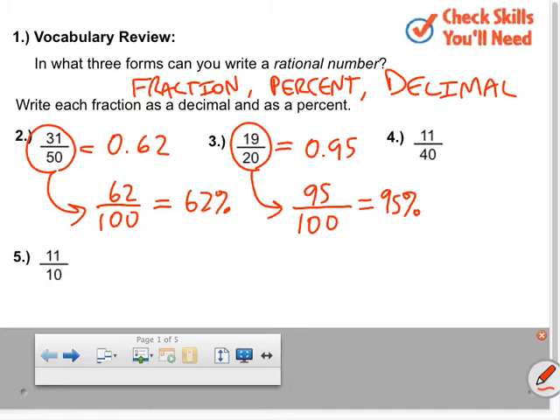Who's got this one? Somebody. Joseph, what do you got? Oh, you're doing number 5? Oh, we can do number 5. We'll backtrack to number 4. Go ahead. So you rewrote this as an equivalent fraction with a denominator of 100. Very good. And so what's the numerator going to be? 110. Okay. And so what's the percent going to be?